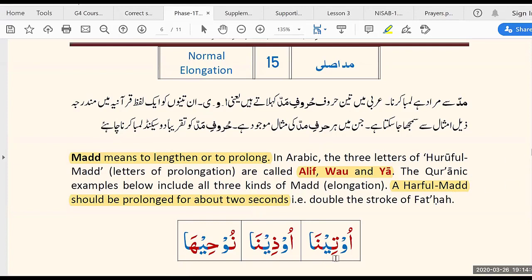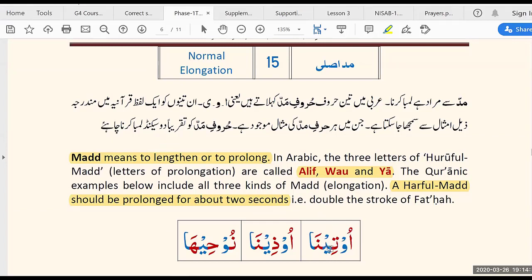Here are some examples from the Holy Quran, and in each of these words we can see an example of each huruful mad: waw, ya, and alif. If we look carefully, we will notice something. A waw of elongation is always preceded by a consonant carrying a dhamma stroke.